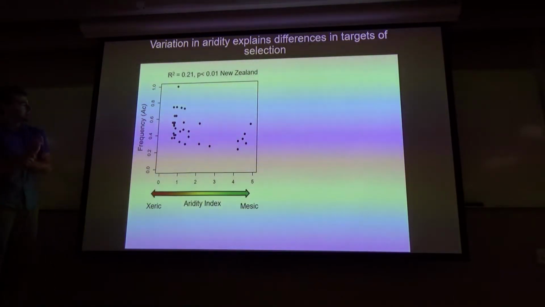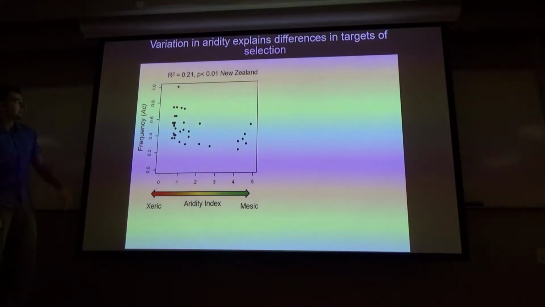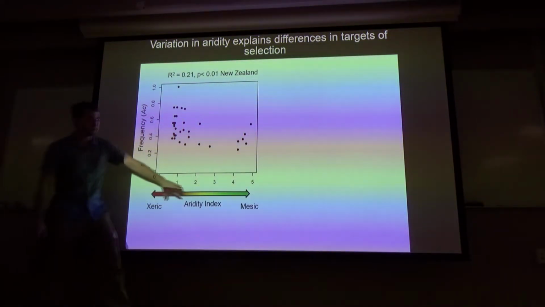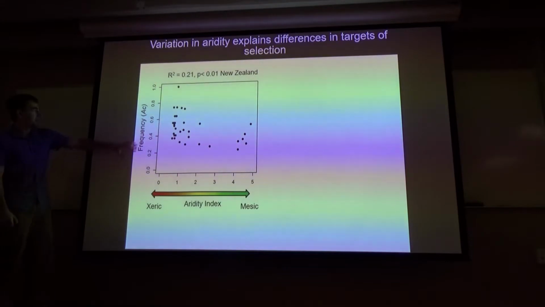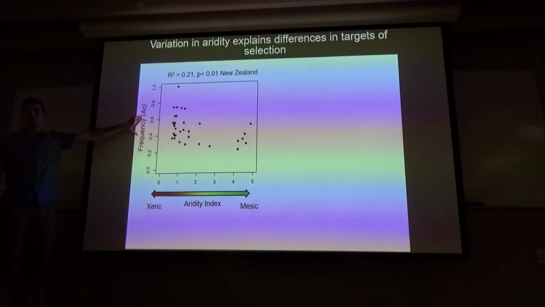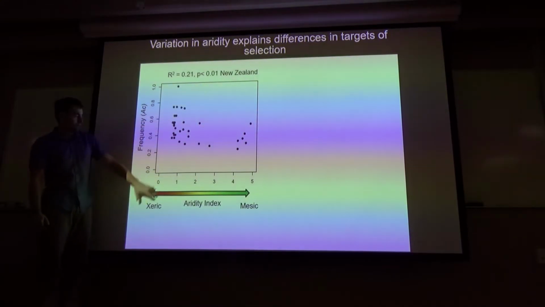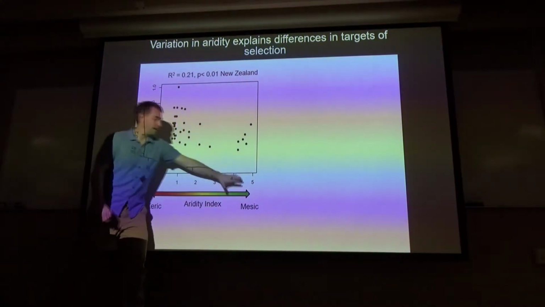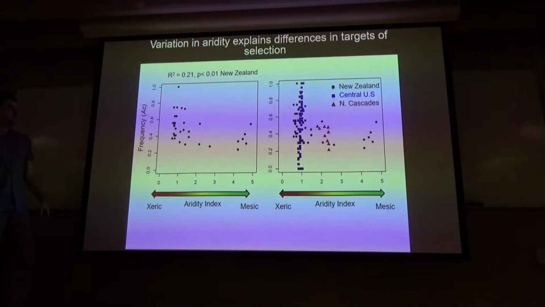And our patterns across these declines correspond to this fairly well. If you look across New Zealand, there's a lot of variation in aridity index, indicating there's probably a lot of difference in drought stress. And there's also a difference in the frequency of producing those cyanogenic glucosides, where plants in drier areas produce more cyanogenic glucosides than plants in the mesic areas.